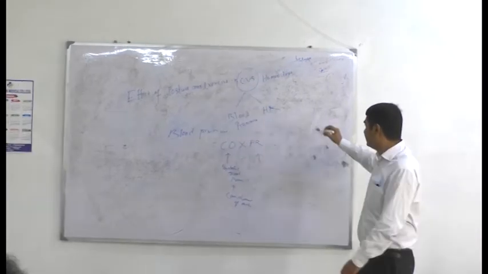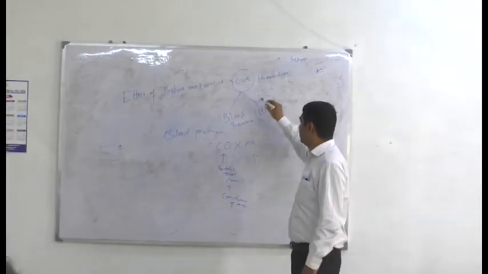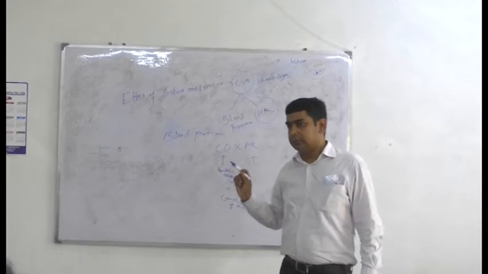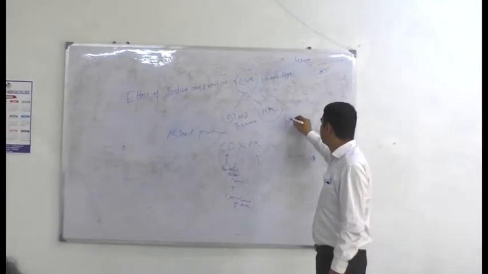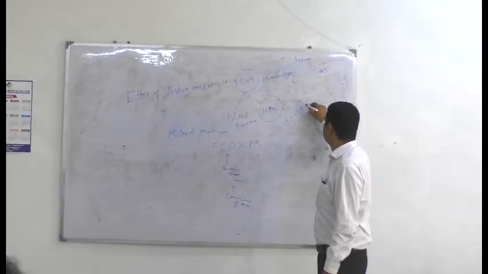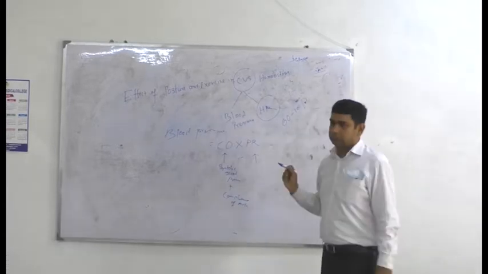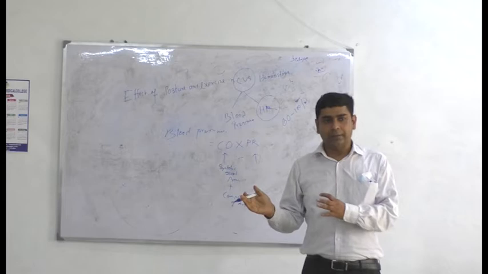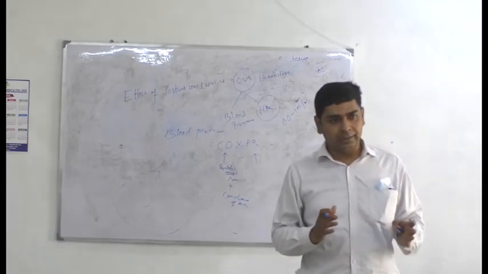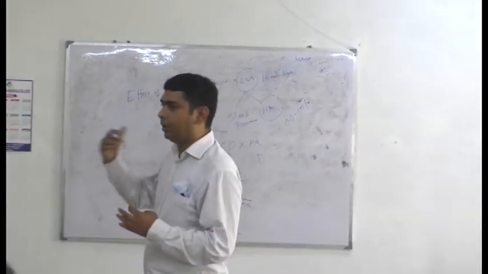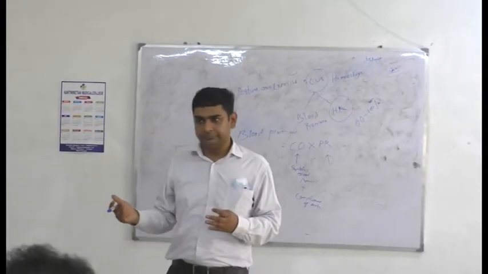And the next thing is the heart rate. What is the normal value of heart rate? Normal heart rate is 60 to 100 beats per minute. When the heart rate is below 60, it is called bradycardia, and when it is above 100, it is called tachycardia.